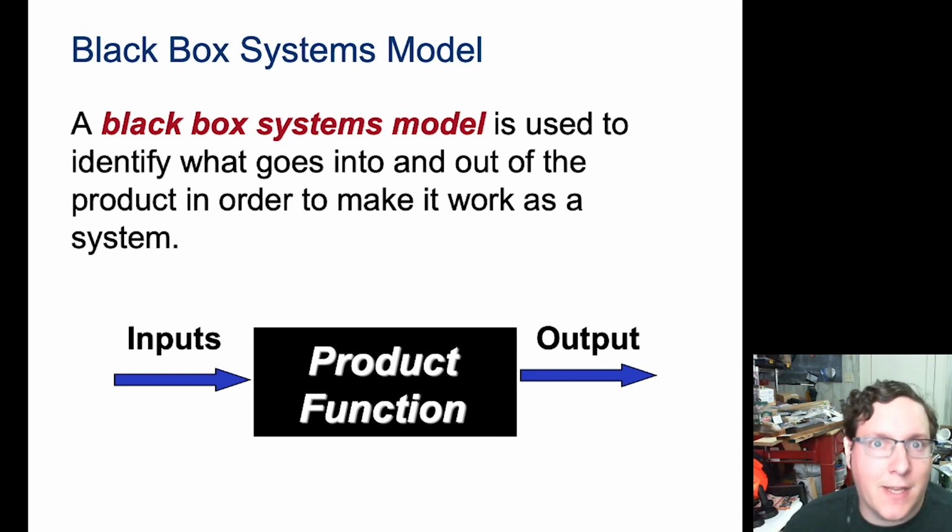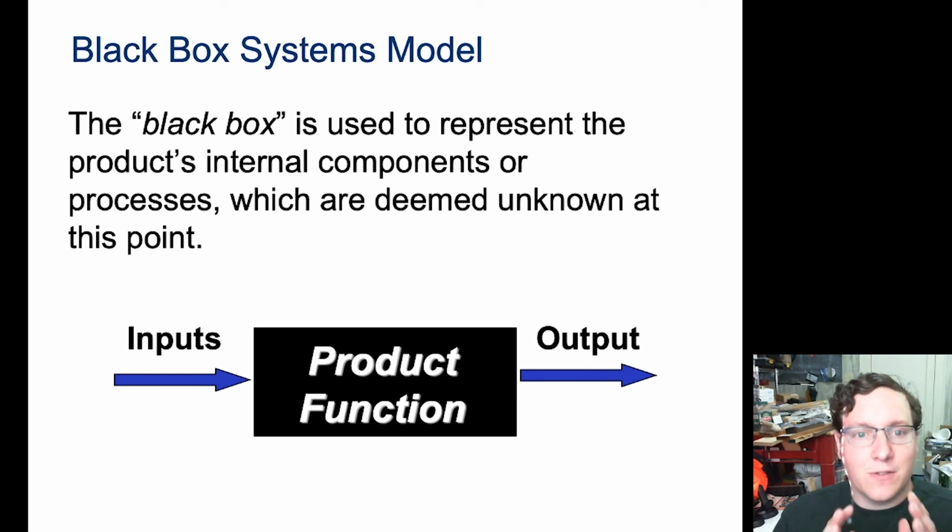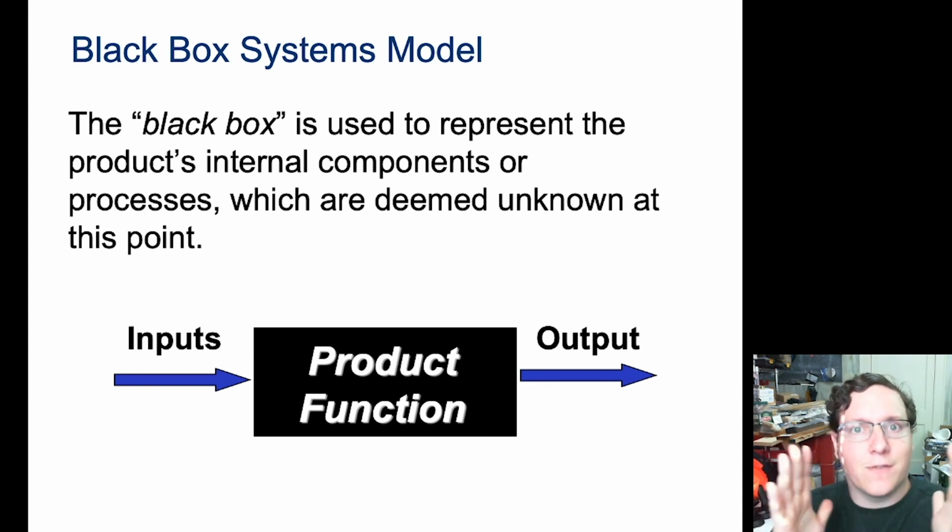The head starts rotating for so long before it may give you an alert saying you've been brushing your teeth for 2 minutes. So just re-emphasizing this, the black box is used to go ahead and represent where you're going from the internal components and processes to what's going on the outside. Okay? So it's knowing that there's a difference between those.